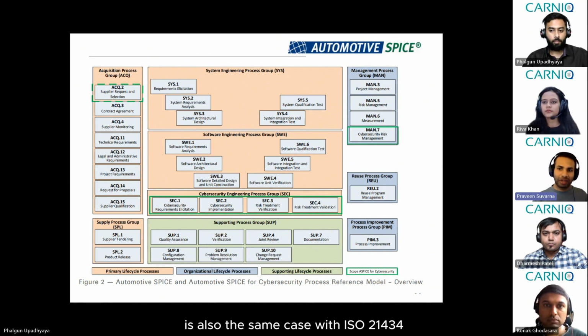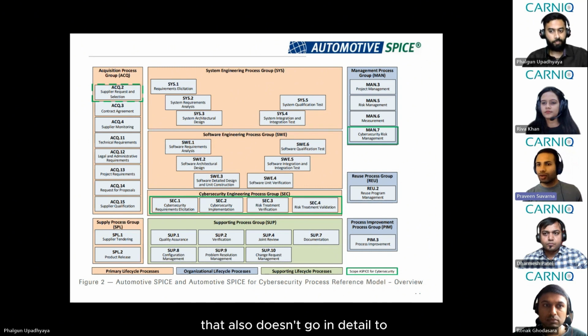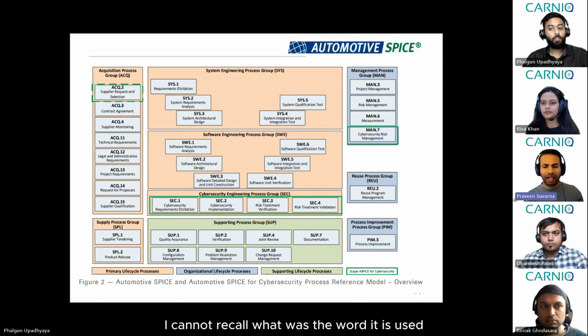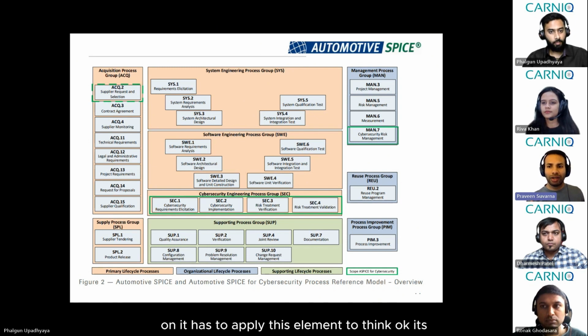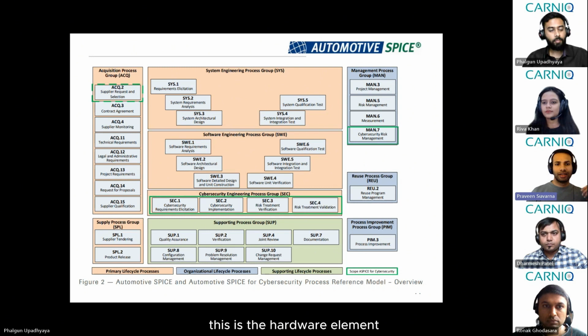It is also the same case with ISO SAE 21434. If you have gone through that, it also doesn't go into detail on system, software, or hardware abstraction levels. Rather, it talks more at the level of an element or a component. I cannot recall the exact word used. Somebody working on it has to apply it, thinking: this is a software element, this is a hardware element.